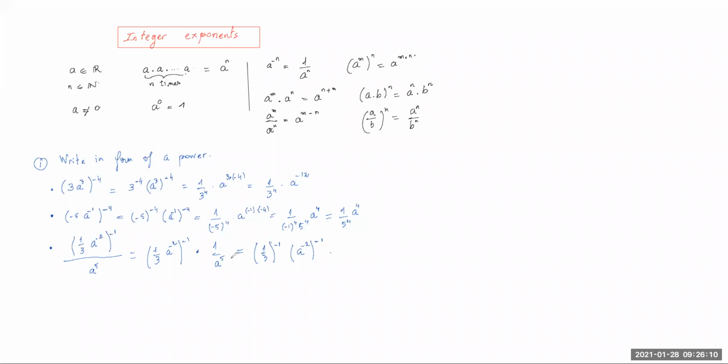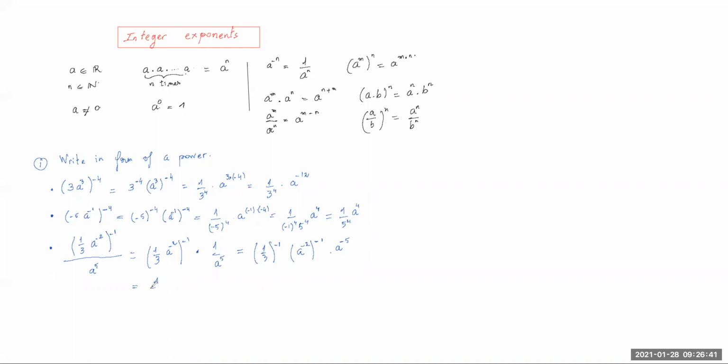And here I use this formula, 1 over a power n. It's a power minus n. Okay? So that I see already the terms, or I can regroup my terms in a with power a. Then here also I have like 1 over b power n. So I can say it's 1 over, or negative, that means it's 1 over.